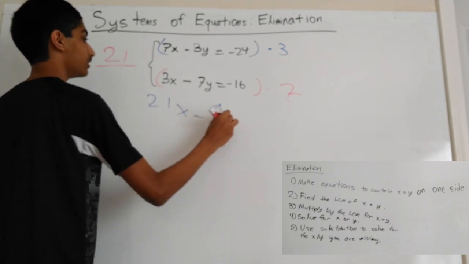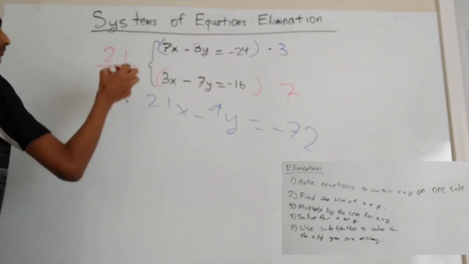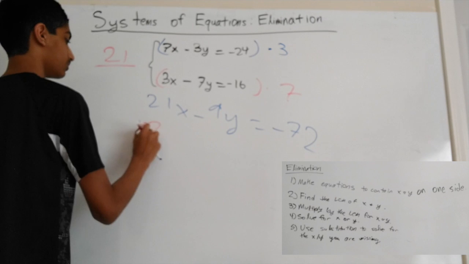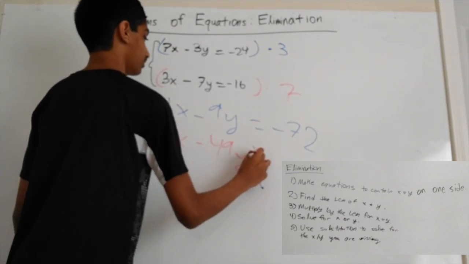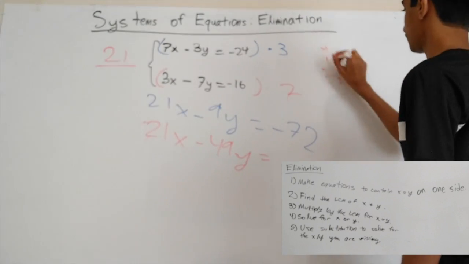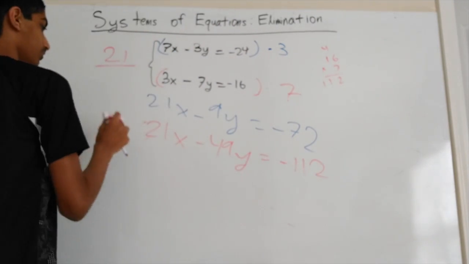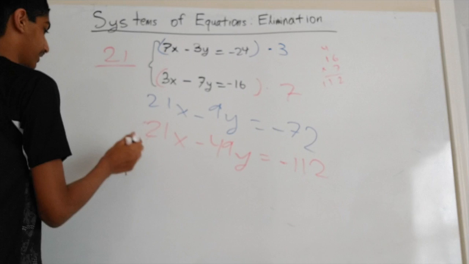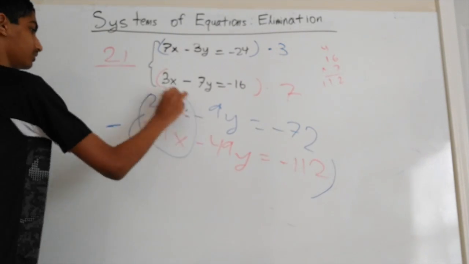Minus 9y equals negative 72. And for the next equation we have 21x minus 49y equals negative 112.